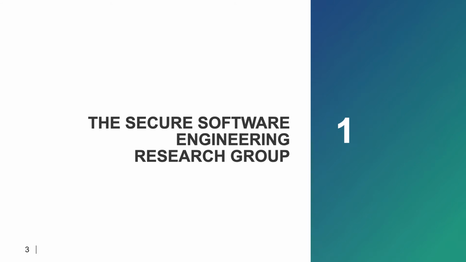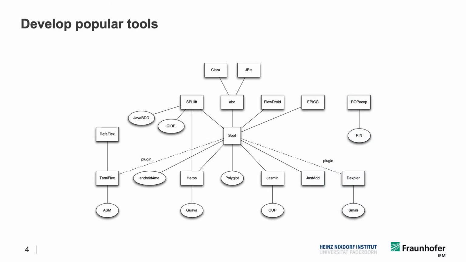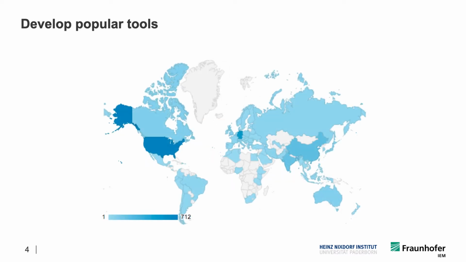We are developing a number of popular tools, and as you can see here, many of them have been focused around the Soot framework, but another framework that we are now heavily invested in is called Phasar, for the analysis of C and C++ programs. If you have participated in our labs in the last term, you've already seen both of these tools. These tools are pretty popular, so they're being accessed from all over the world, and they are still gaining in popularity, I would say, every week.